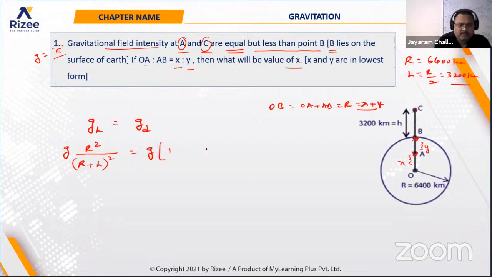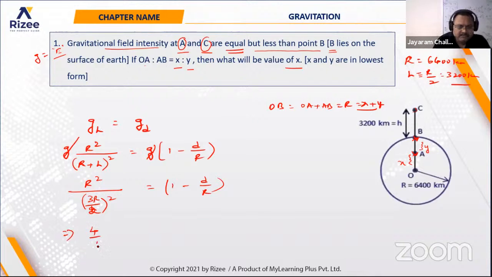This is g into (1 minus depth d by R). The depth d is y, R is x plus y. We'll be replacing that. g will be removed. This is your R square, and this will be R plus R by 2, this is 3R by 2, whole square, is equal to 1 minus d by R. From here you can remove the R square term. So this is 4 by 9 is equal to 1 minus d by R. Just now we have solved the sum. d by R is equal to 5 by 9.